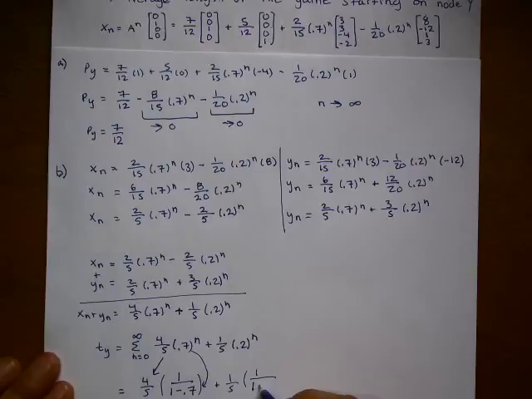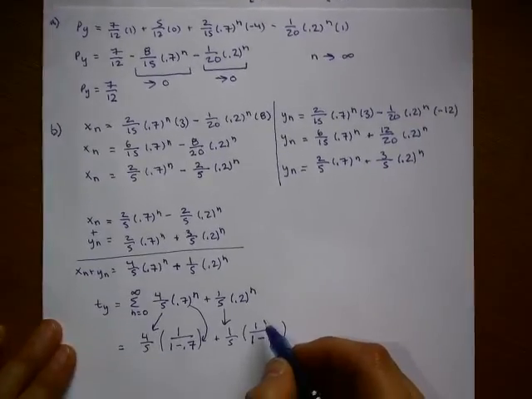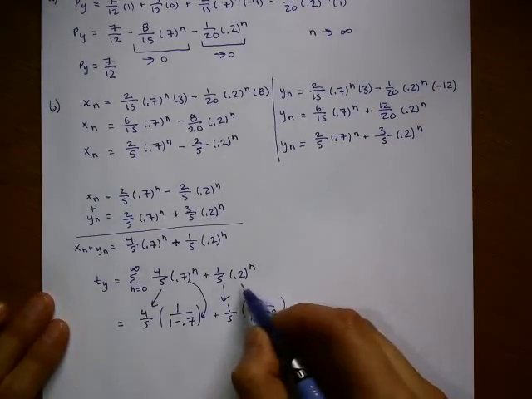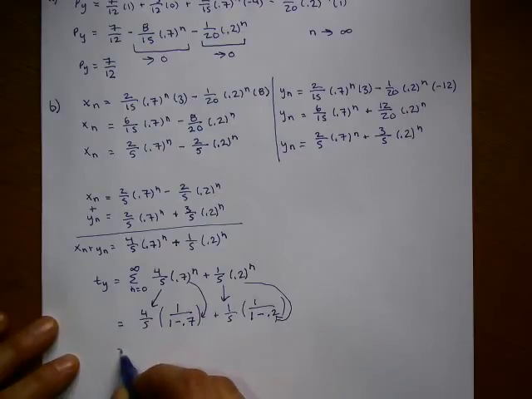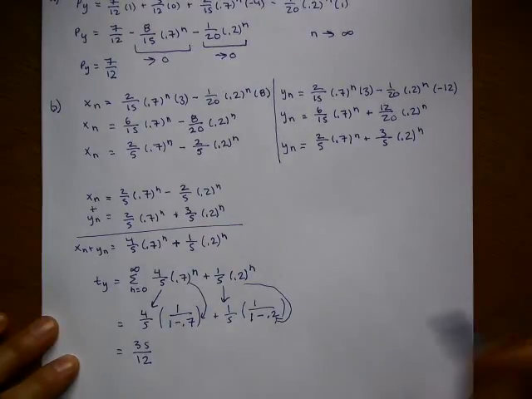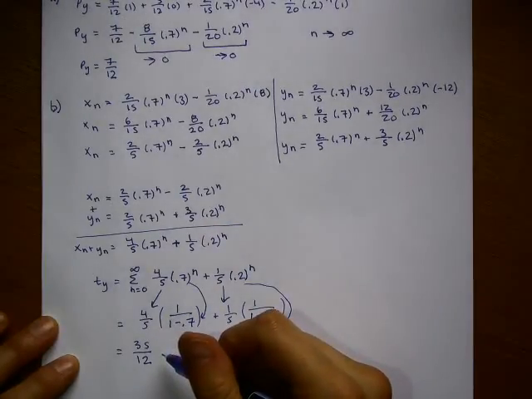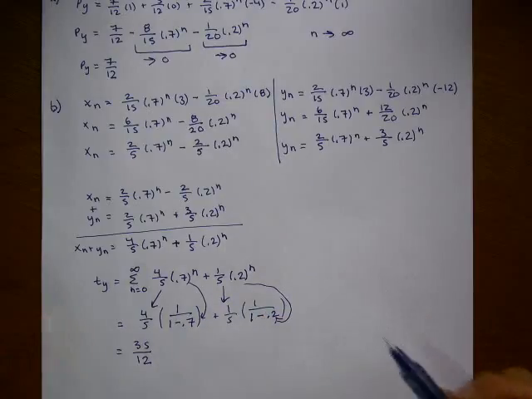It's going to be 1 over 1 minus 0.2. And the 0.2 goes to the bottom. Now if you calculate this, you end up with 35 over 12. And this tells us that the average length of the game is 35 over 12 moves. And this corresponds with what we found in part B of the question.